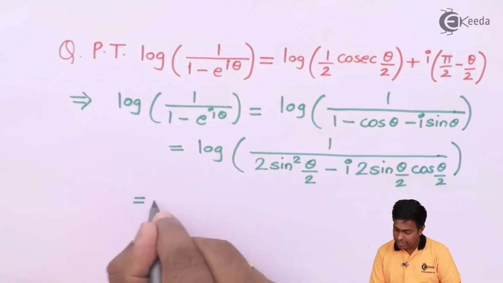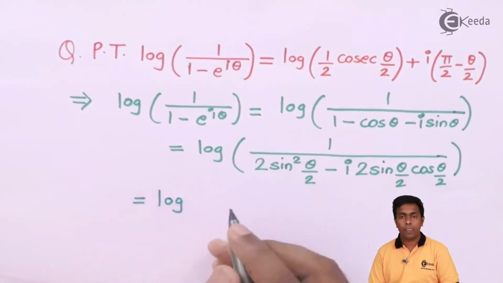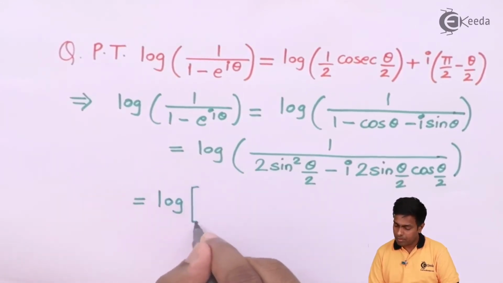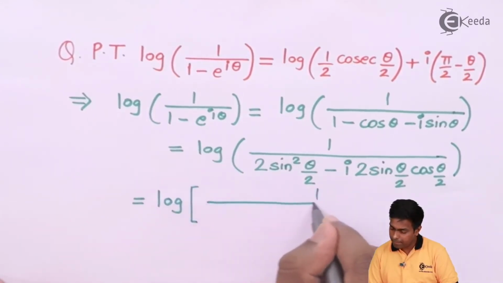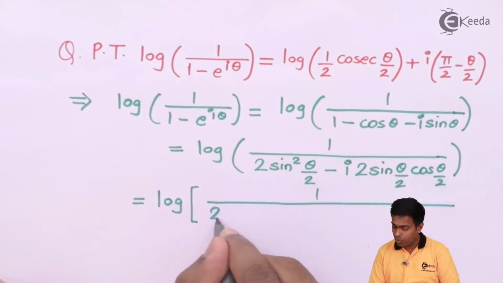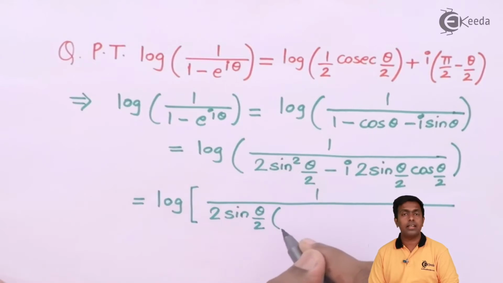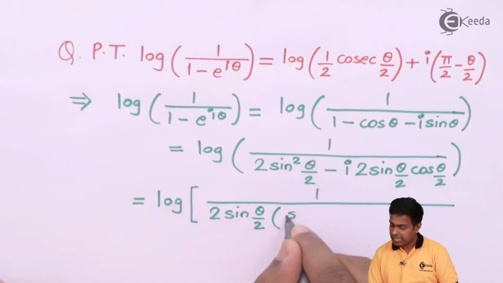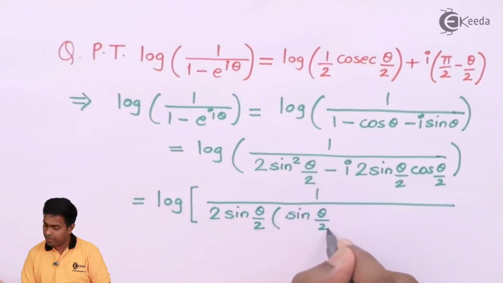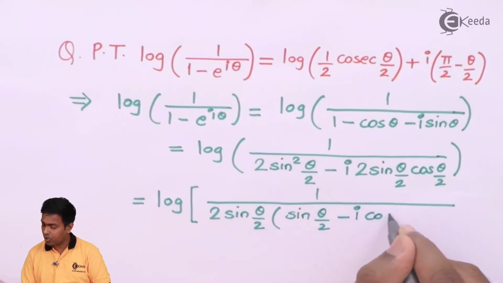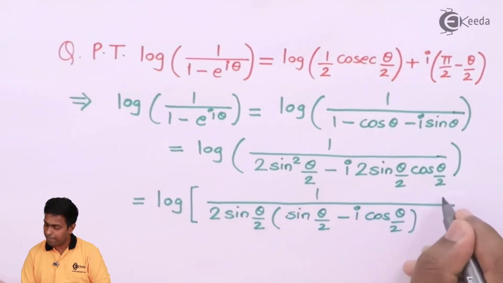So here we will get log of 1 upon 2 sin theta by 2 in the bracket, and in the bracket sin theta by 2 will remain minus I cos theta by 2.